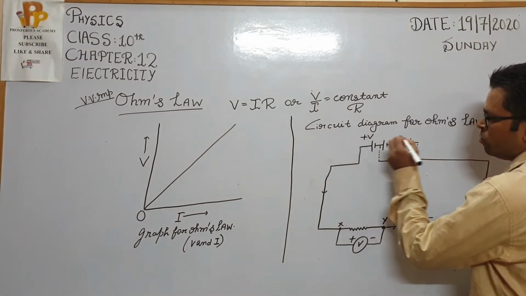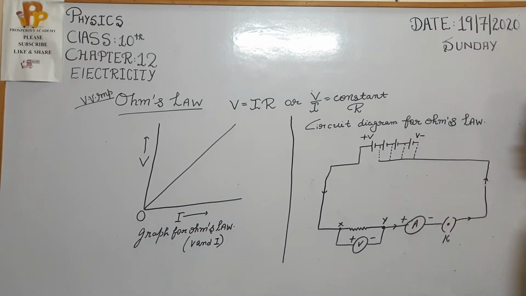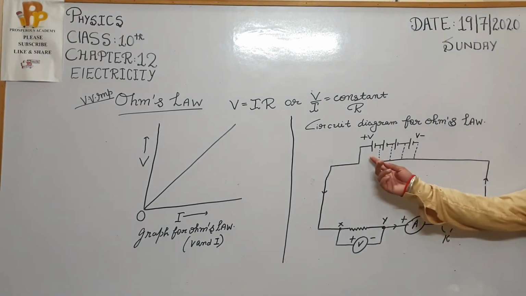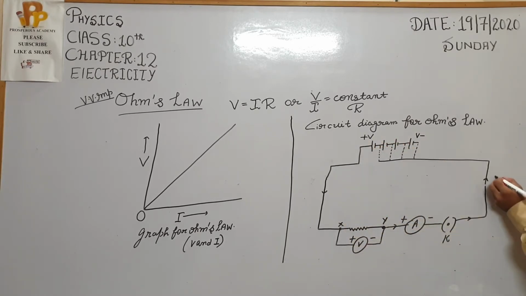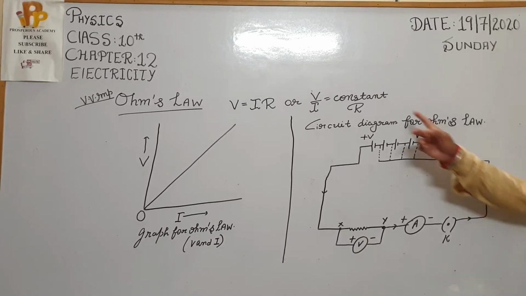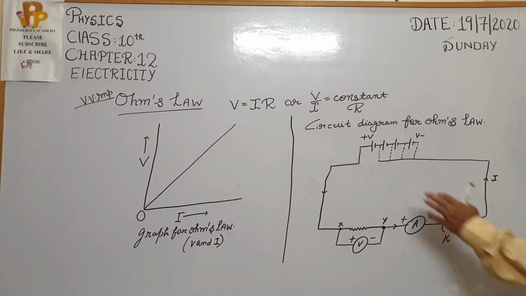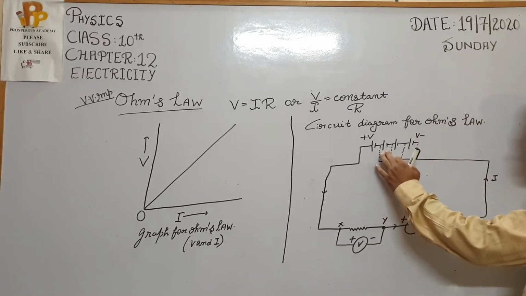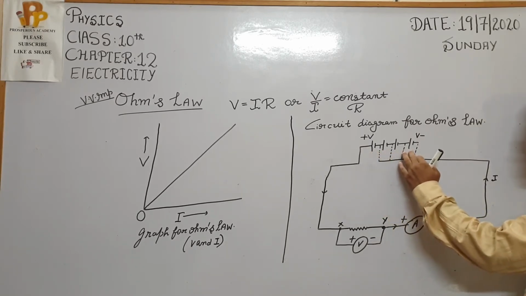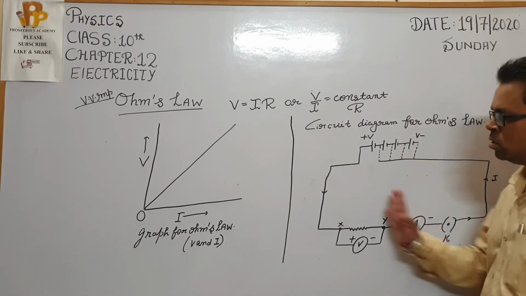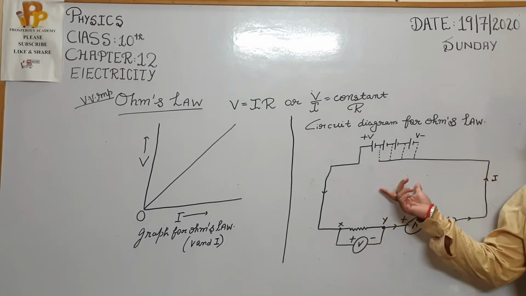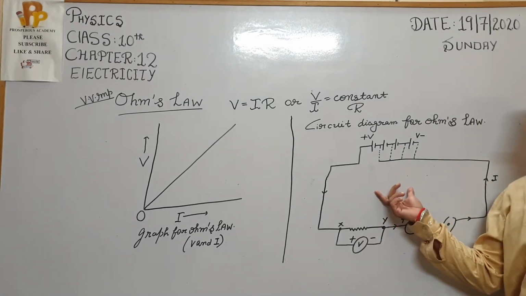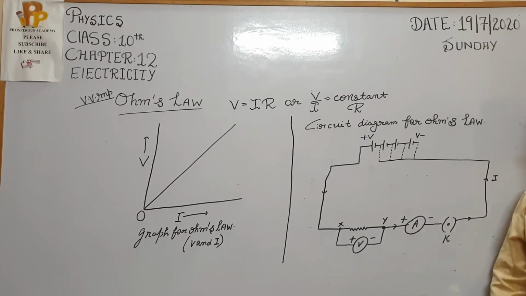First you here write down V positive and V negative. Now when you find the ratio of V and I, you just see that the ratio of this is constant, from single cell, from 2 cells, from 3 cells, from 4 cells. So here you get a straight line graph. You can perform this experiment in your labs when you get to school by joining this circuit.